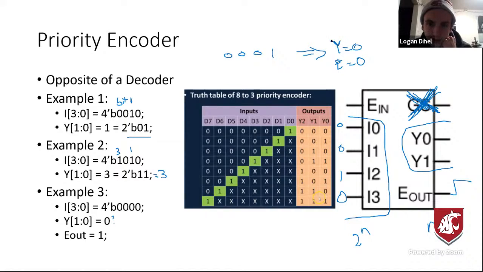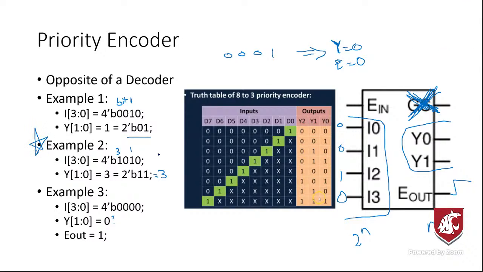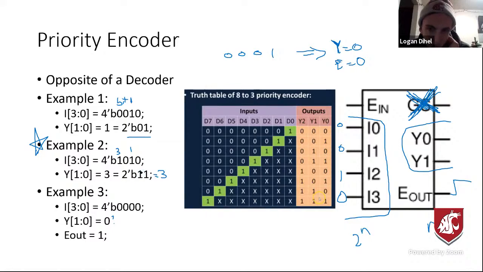They're called priority encoders because of example 2. That's where they get their name, because the higher bit has priority over the lower bit in determining the output. You could make a priority encoder that uses the least significant bit to make an output, but most of the time they'll be like this.